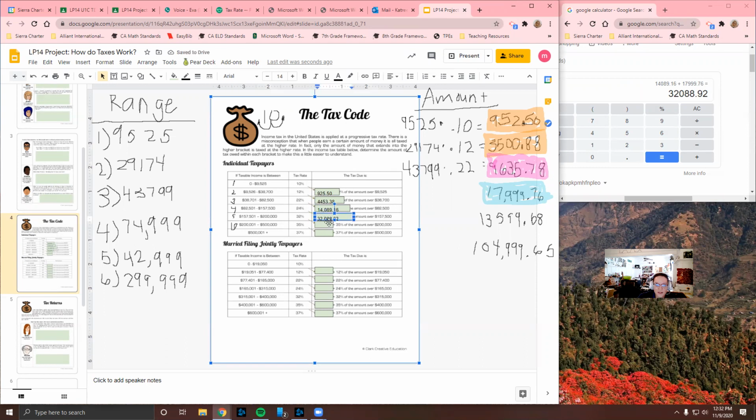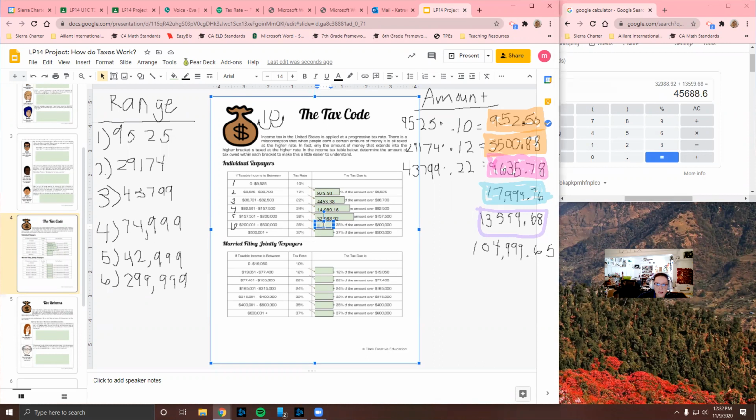Okay, the next group, we want to add on that next bracket there. So they're still going to pay the same amount original, right? That $32,088.92 plus this additional $13,599.68.